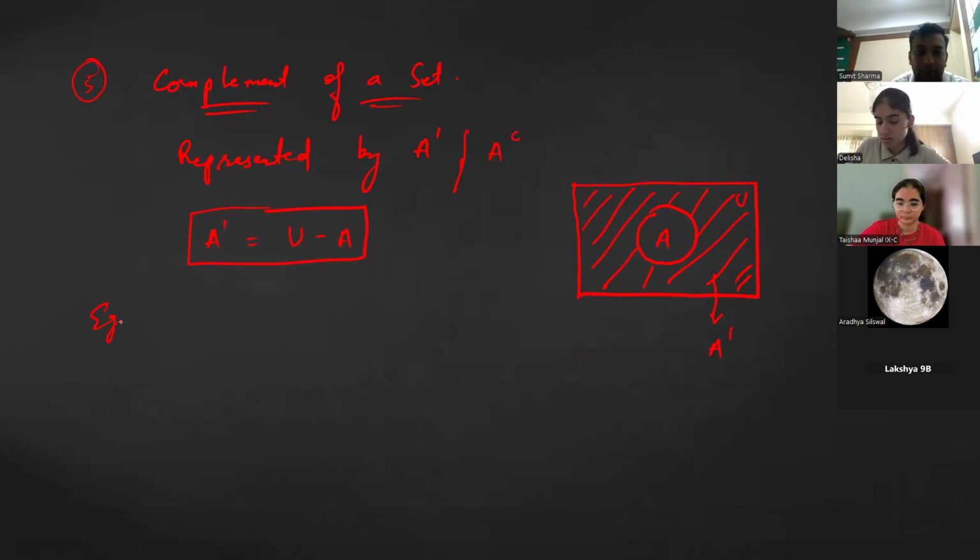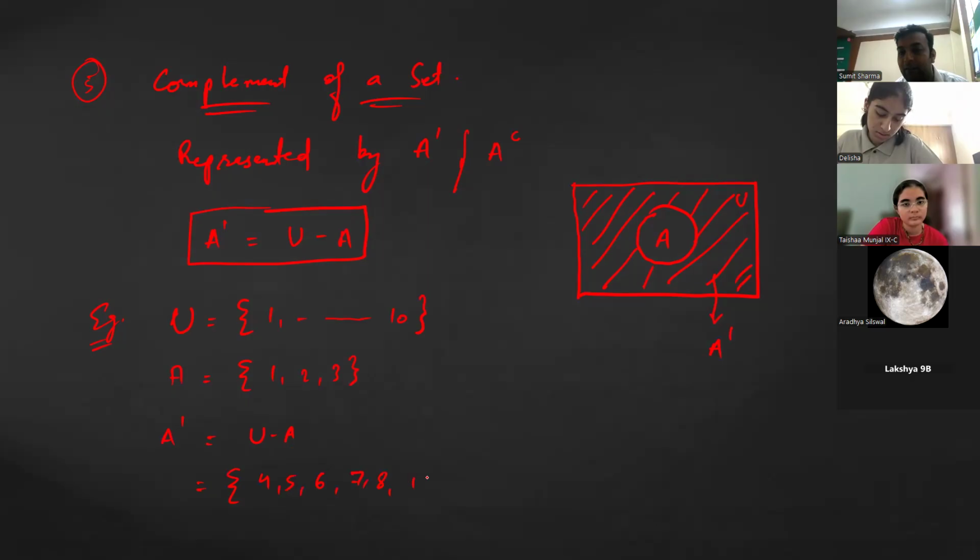एग्जाम्पल के लिए, let us say you have U, a universal set, which is from 1 to 10, and A is a set which is having 1, 2, 3, only 3 elements. So how will you write A complement? It is U minus A. So all the elements of U except the elements of A. So remove all the elements of A from that. So you will get 4, 5, 6, 7, 8, 9, 10.